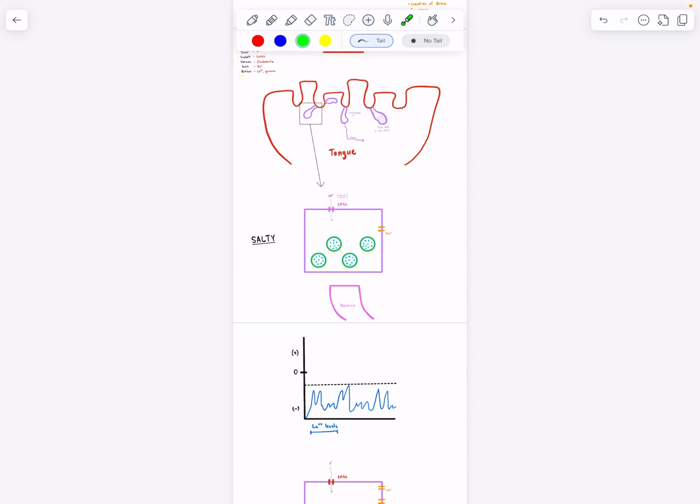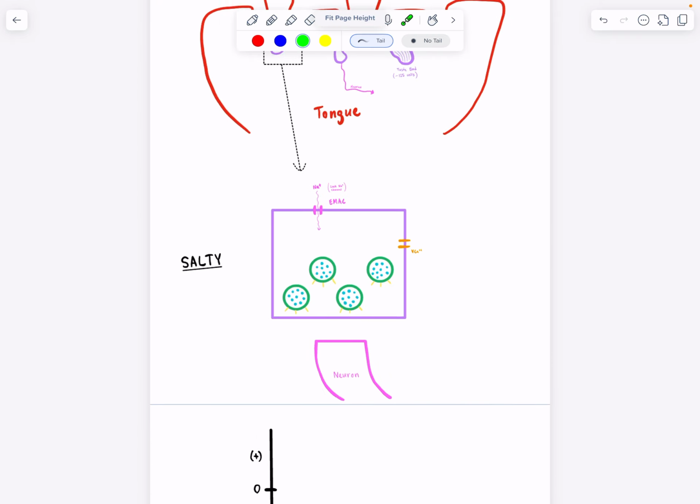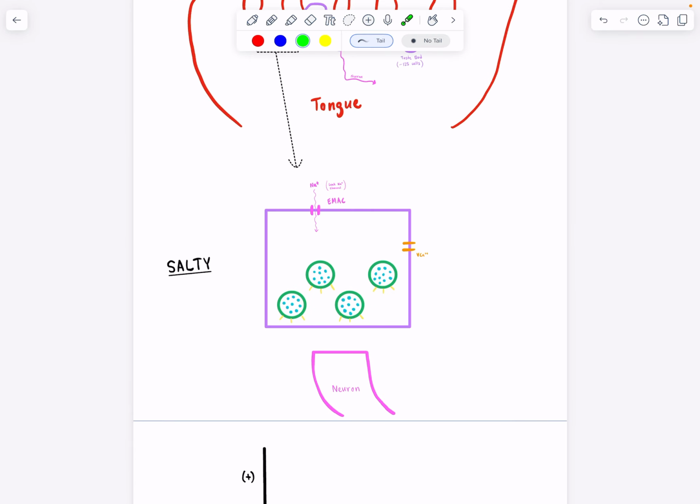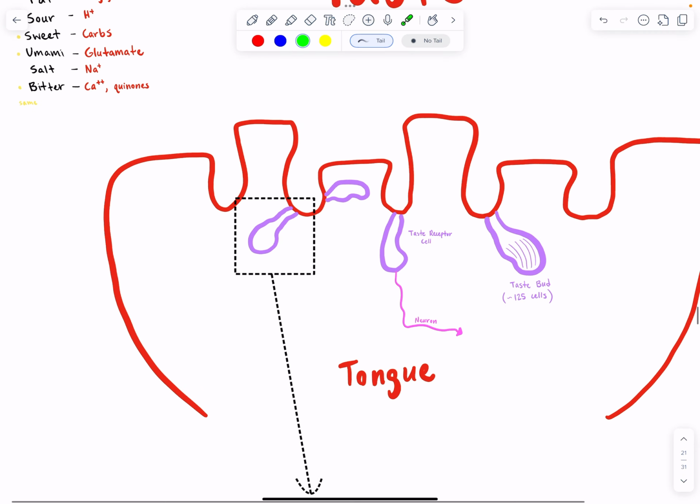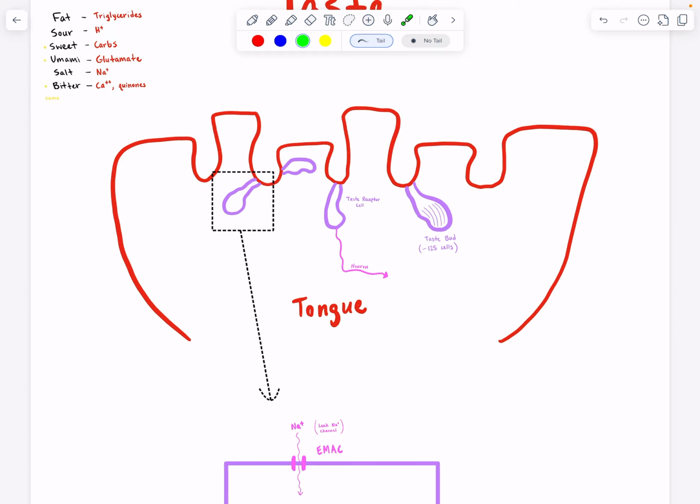Okay, so then we'll start with salty. These are called papillae. These things house these little indentations, and there are different kinds of papillae, but we'll just focus on the taste buds right now.